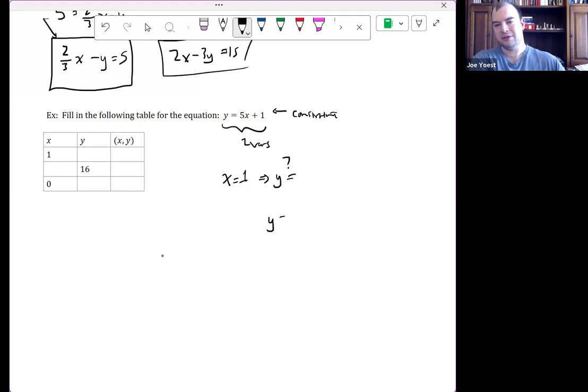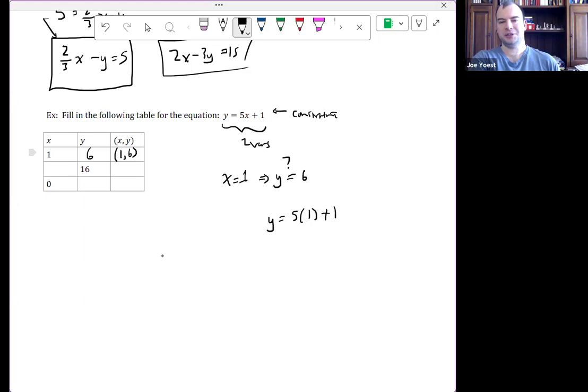Well, y is 5x plus 1, and that is 6. So when x is 1, y has to be 6, or that would be associated with the ordered pair x comma y equals 1 comma 6.